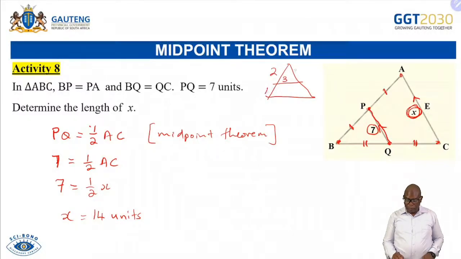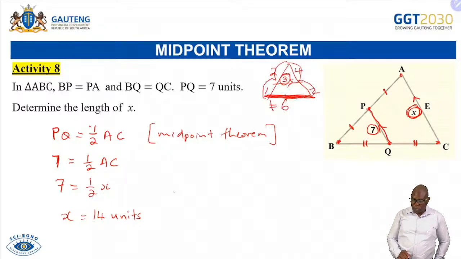This one is 4 and that one is maybe 2. This line is parallel to that, but this value can never be equal to 6. It is because this side and that side are not equal, and this side and that side are not equal. So therefore, it cannot be a midpoint theorem. Please make note of that.